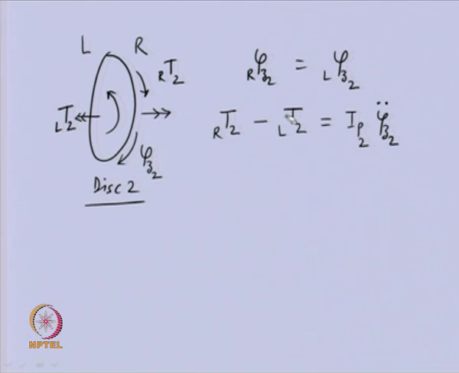Now, we are considering free vibration or forced vibration. If we are considering free vibration, we expect that the motion taking place will be simple harmonic motion. That means we will have a frequency equal to the natural frequency, because if we disturb the system, we expect it will oscillate with the natural frequency of the system.